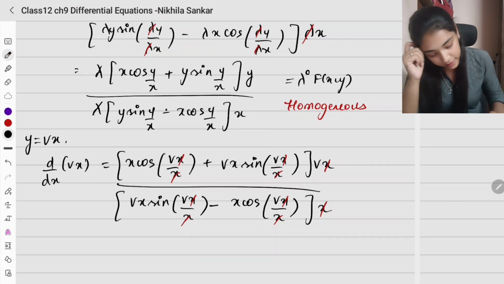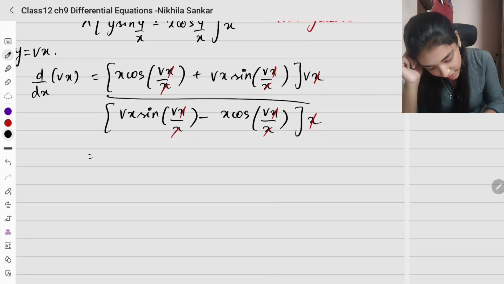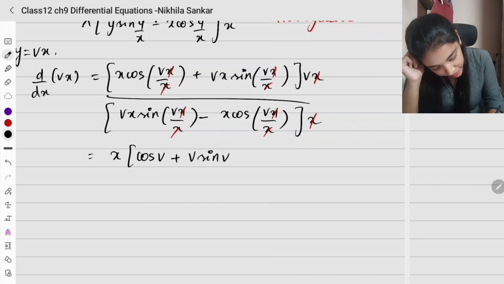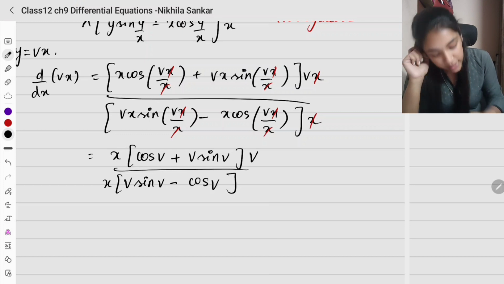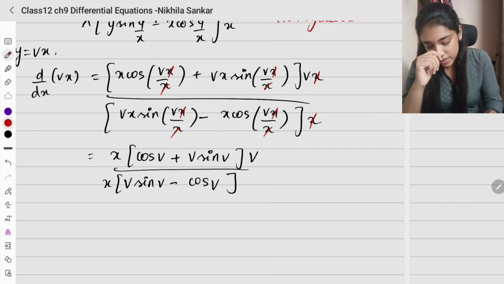So what will I be left with? In the numerator, if I take x common, I'll have x times cos v plus v sin v times v, the whole divided by, here I take x common, v sin v minus x common, cos v times nothing. Okay, so this x and this x cancel.